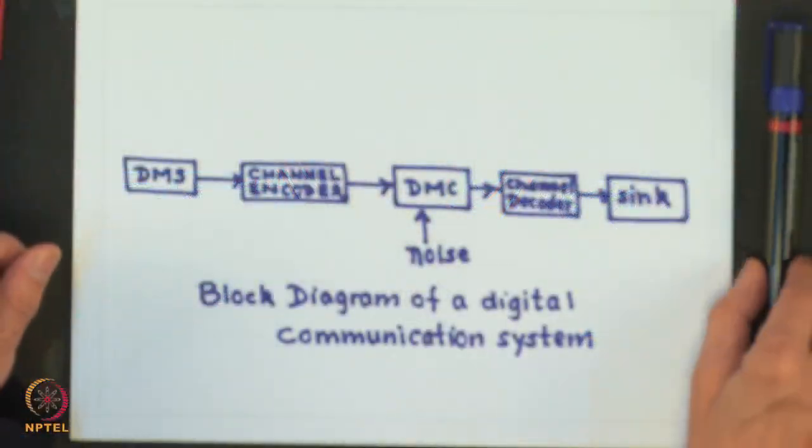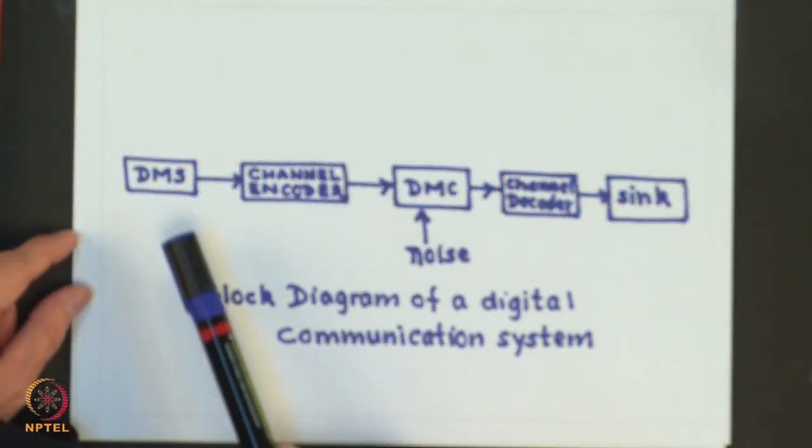So, the block schematic of a digital communication system, which includes channel encoder and channel decoder, would be something like this. So, we have a discrete memoryless source.